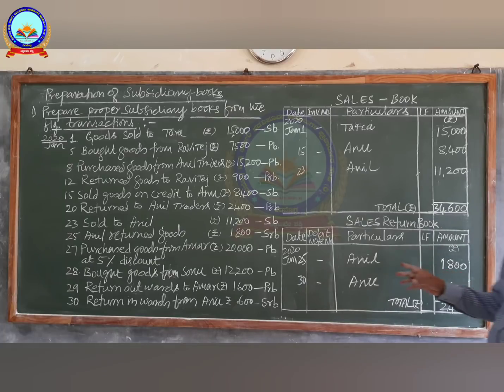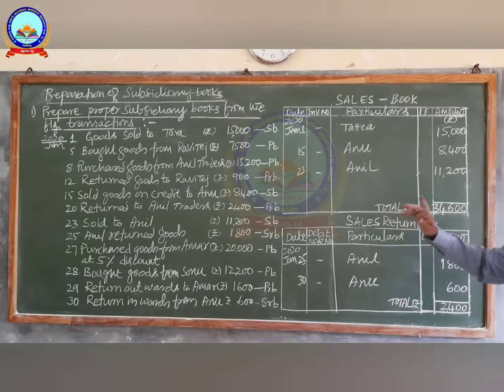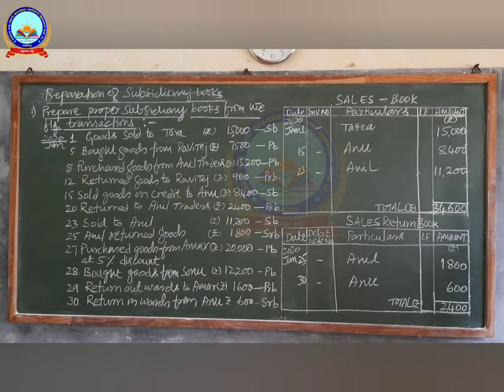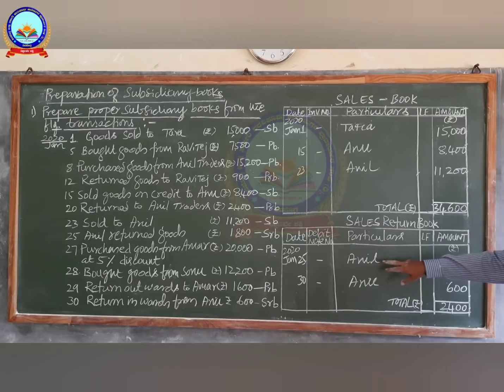That is, on January 25th, Anil returned goods. The goods which had been sold to Anil on 8th January, some goods have been returned from Anil to us. That transaction is entered in the sales return book. Write up the date January 25th. Customer name is Anil, for whom the goods have been returned, rupees 1,800.